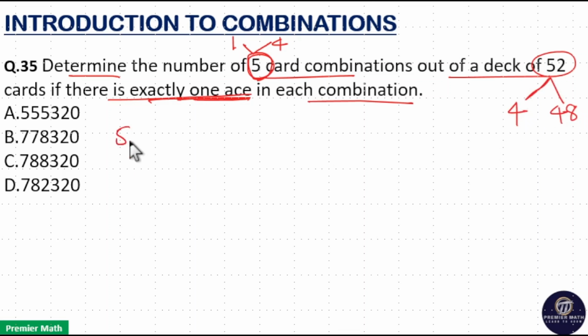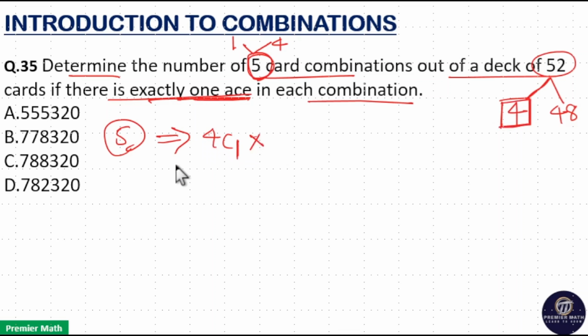So each of the 5 card combinations contains 1 ace and 4 other cards. So this 1 ace can be selected from these available 4 aces in 4c1 ways. So selection of aces is done in 4c1 ways.